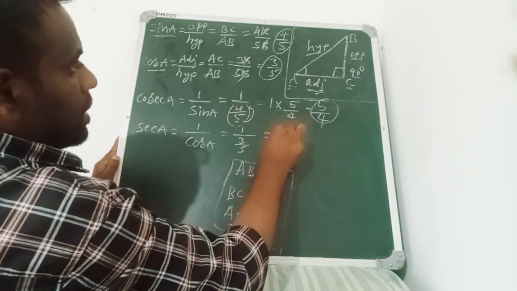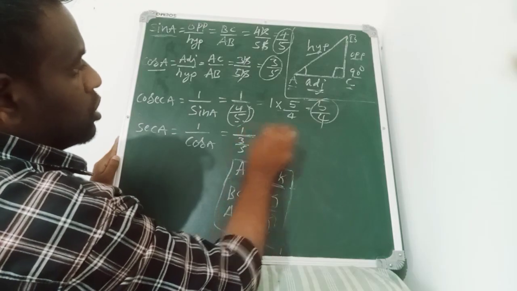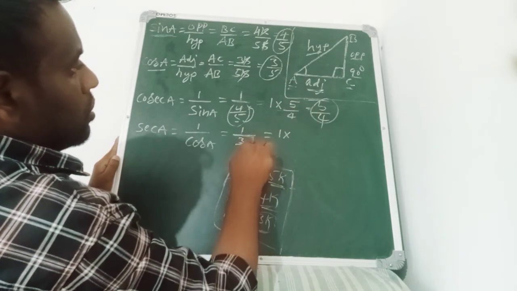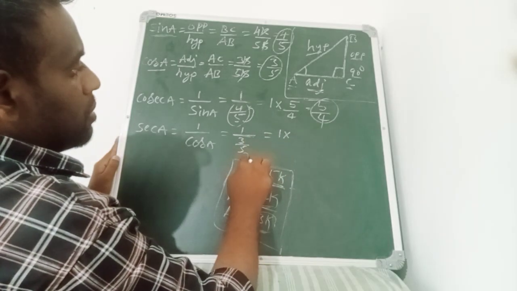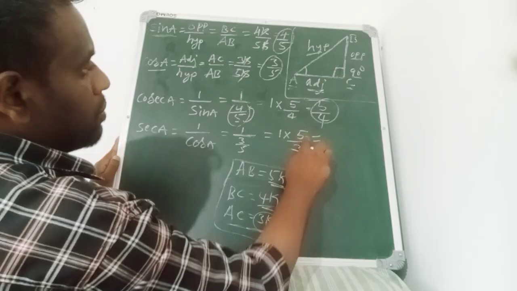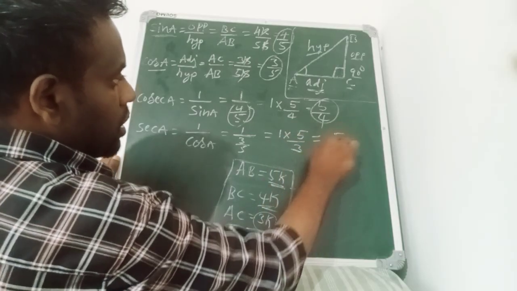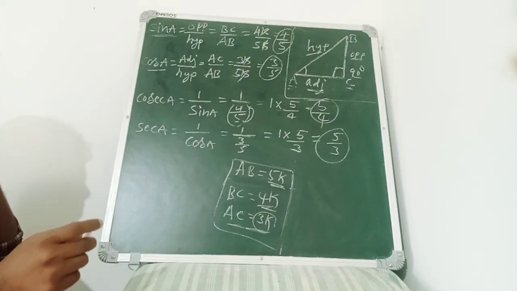So this one I will write as it is. Change this division into multiplication, and when this is changed, 3 by 5 will become 5 by 3. So that is equal to 5 by 3 into 1, we get 5 by 3 only. Okay.